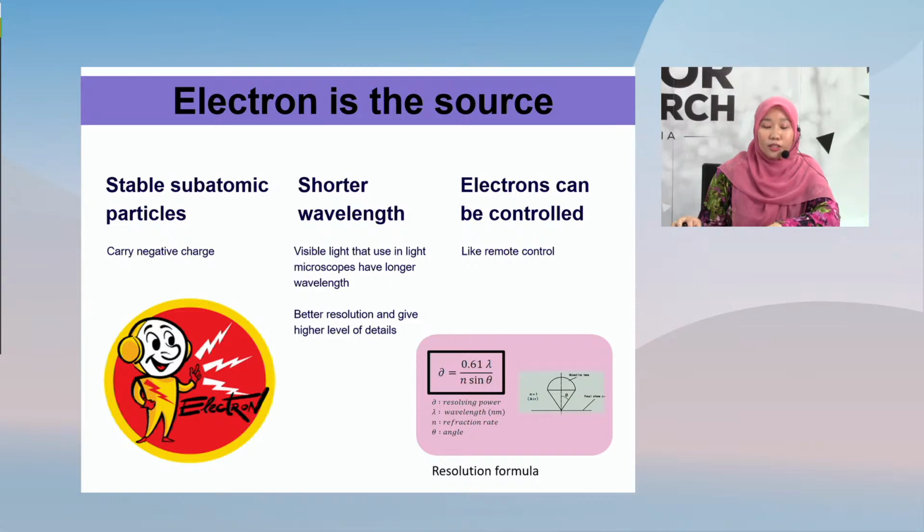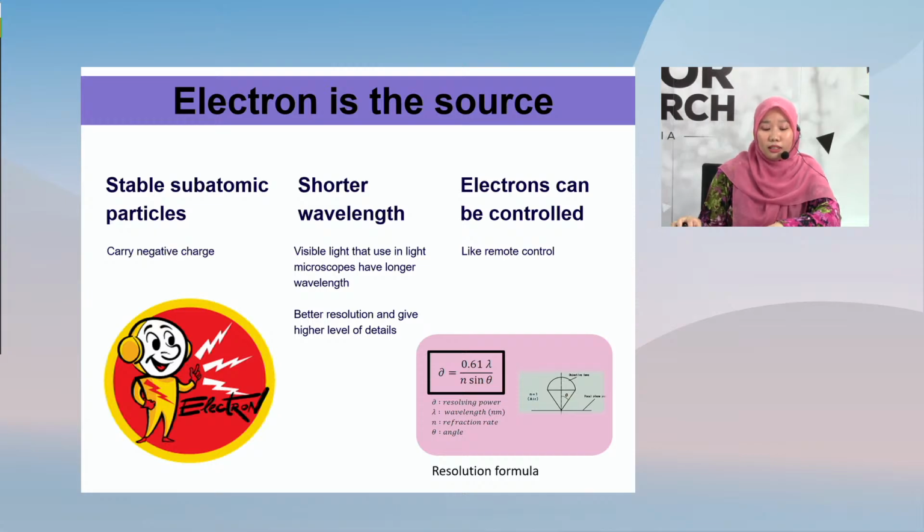Of course, we have to ask how they do this. Well, the answer is in its name: they use a beam of electrons, which interacts with the sample as the beam is transmitted through the specimen.